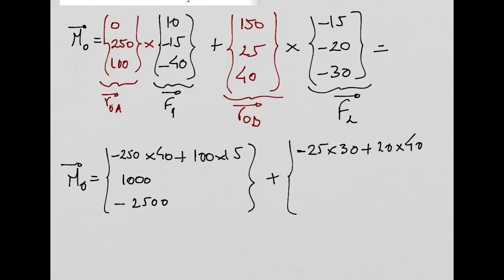The y component, you need to do this cross product. So you will obtain minus 40 times 15. Minus with minus is plus 150 times 30. And for the z component is this times this minus this product here, this cross product.